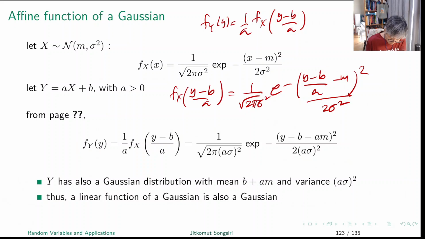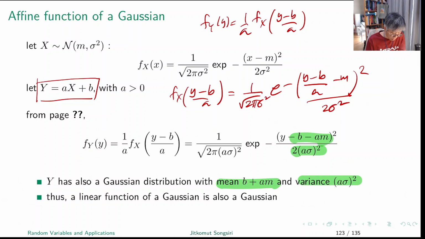This information, where you can read the mean and the variance of the Gaussian from the expression of the PDF, also agrees with the fact that when you have an affine transformation, at least two moments you can conclude without knowing the whole distribution. You know that E[Y] is going to propagate through the affine transformation the same way we have here.